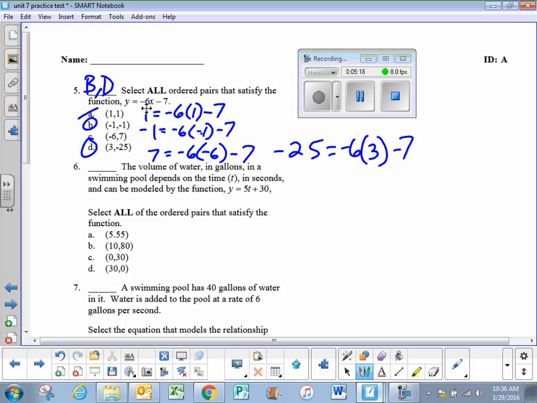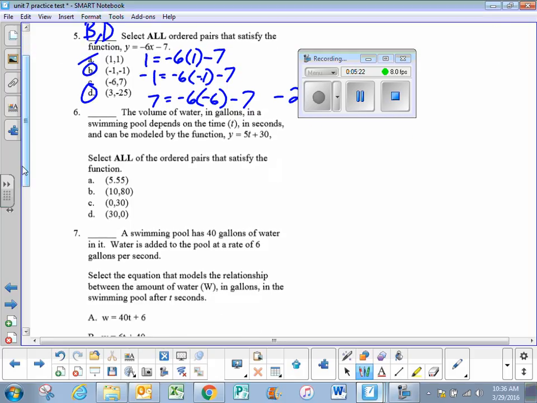When you have a calculator, it's silly not to get those right because you can plug and chug on it. Same with this one. I told you that was a typo. Same with this one, plug and chug. Does 55 equal 5 times 5 plus 30? Yep, that works. Okay, does 80 equal 5 times 10 plus 30? Yep.